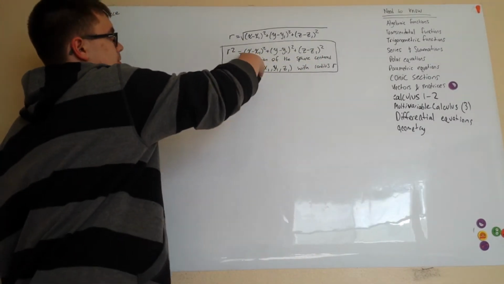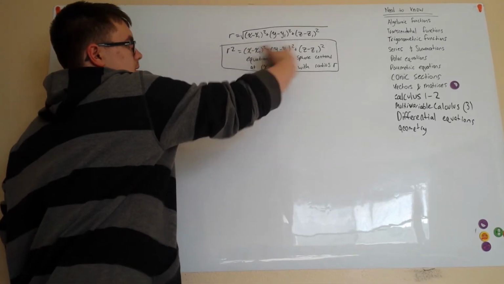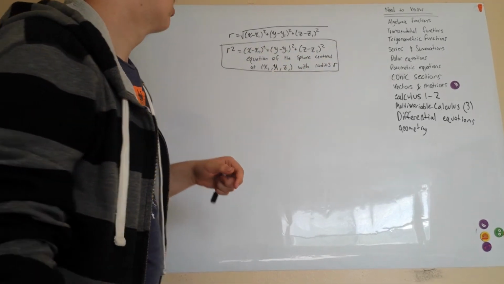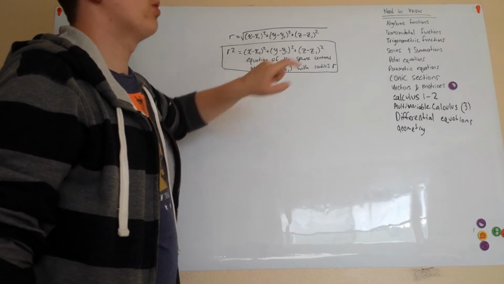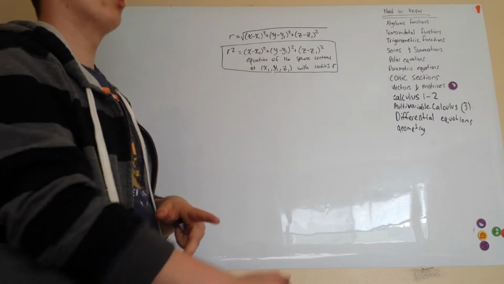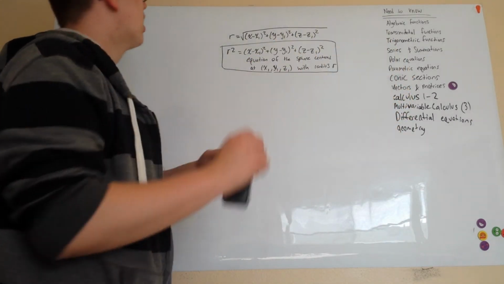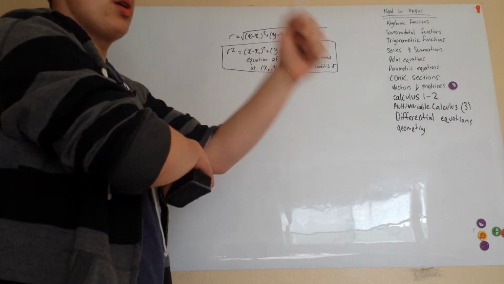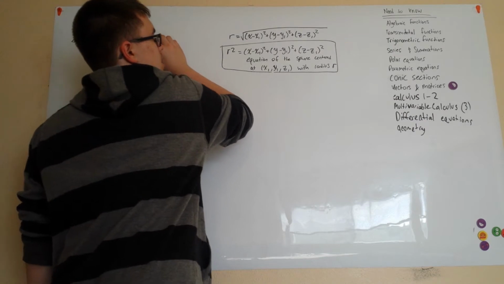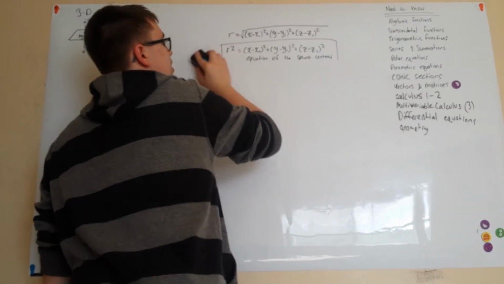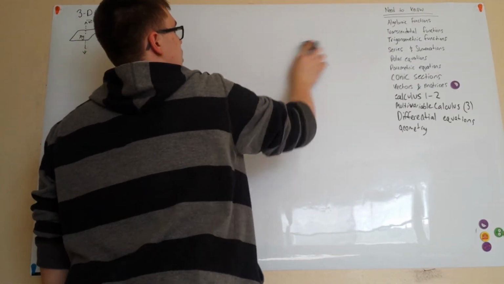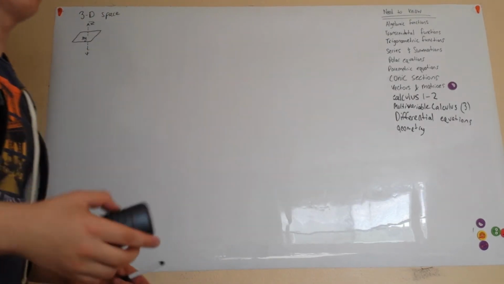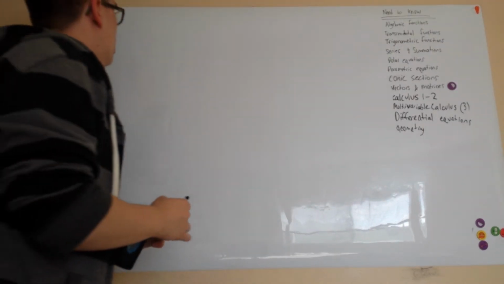And then you can simplify and divide out by all your coefficients or your constants multiplied. And that'll give you your r squared. So that's the way you do that. I'll give you an example if I finish.